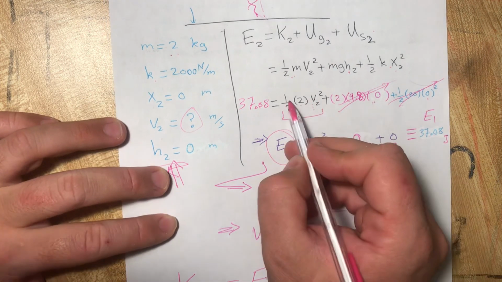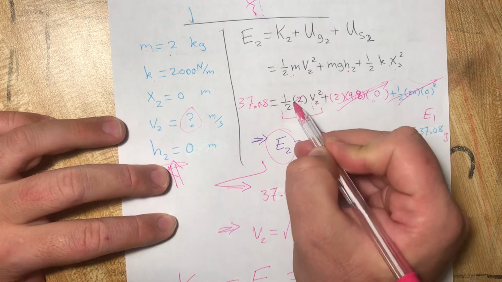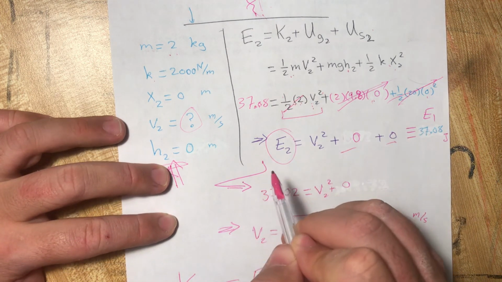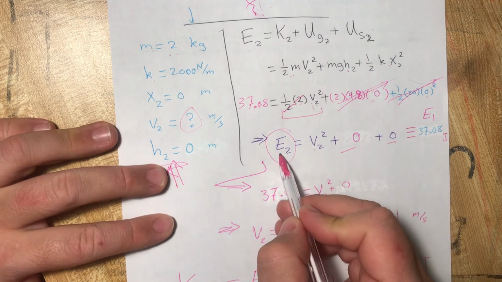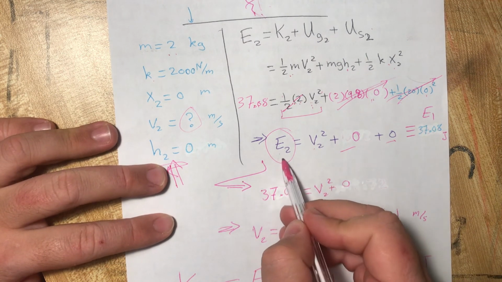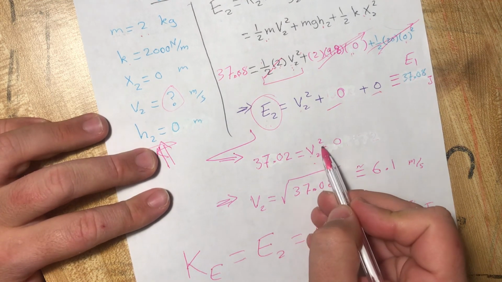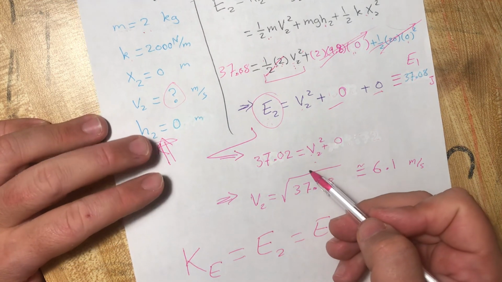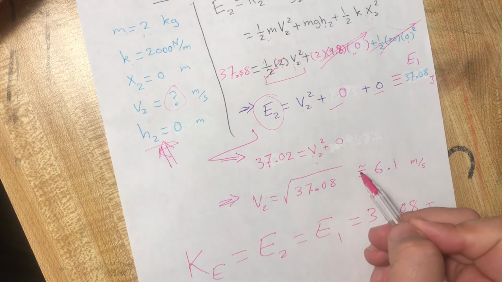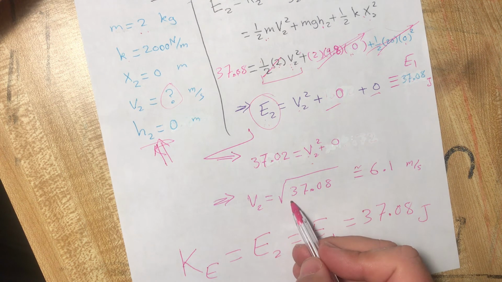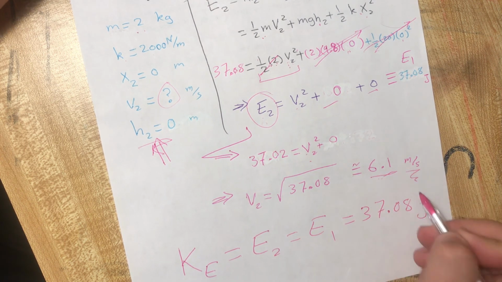But what if we need to compute the velocity? Half multiplied by 2 multiplied by v squared. I can cancel these twos with each other, and then v squared is equal to the numerical value of the energy. So v2 squared, the release velocity, is equal to 37.08. The velocity is the root value of it, which is approximately 6.1 meters per second.